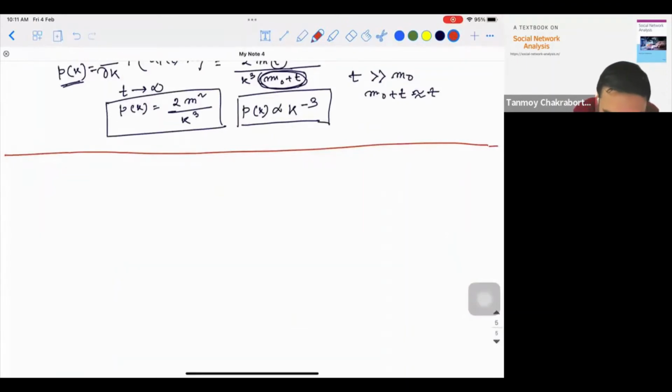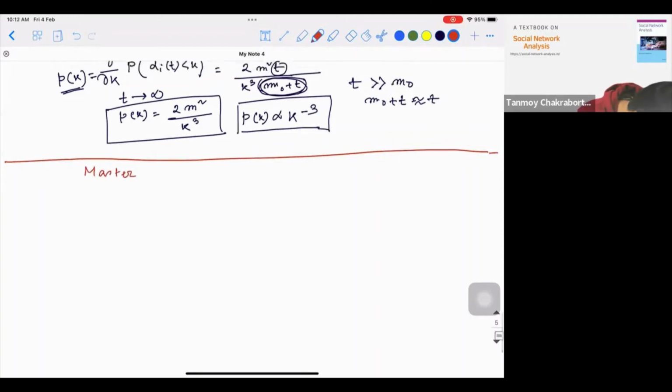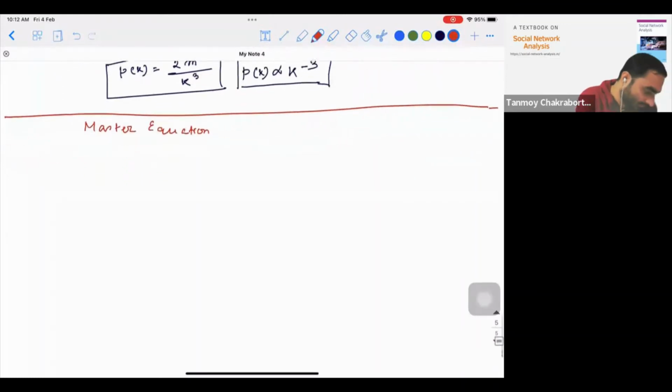Remember, these two approaches are used in general for proving the type of degree distribution across different models. This is not specific to any particular model. Okay, this is a generic approach. So, master equation. Right, this is an alternative way of computing the degree distribution.